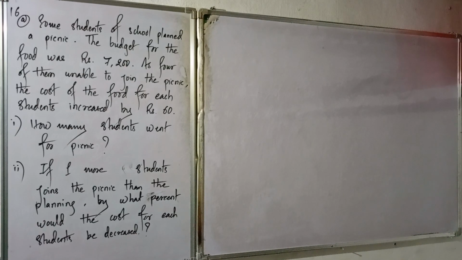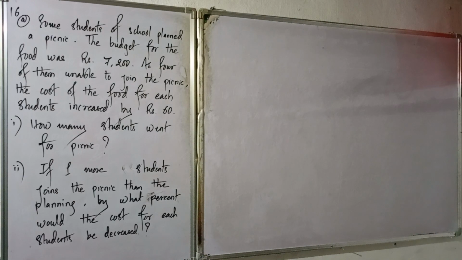So the estimation was 7,200 for total students of the school, but out of total students, 4 of them were unable to join the picnic. Which means that the cost for the 4 people has to be covered by the remaining who were present in that picnic.